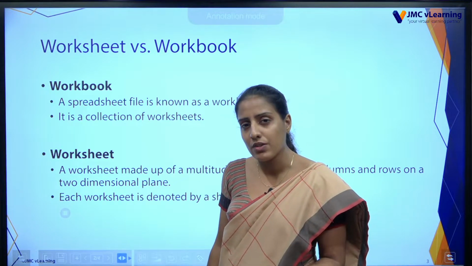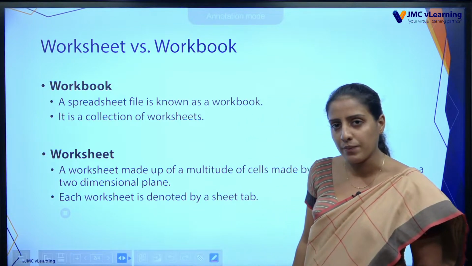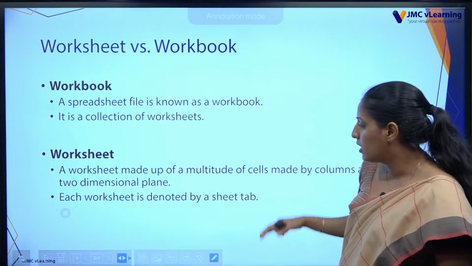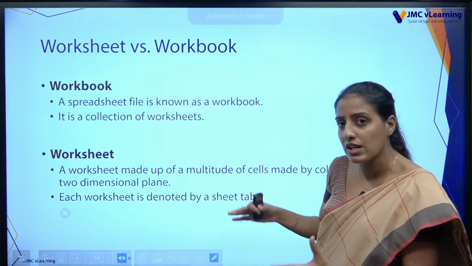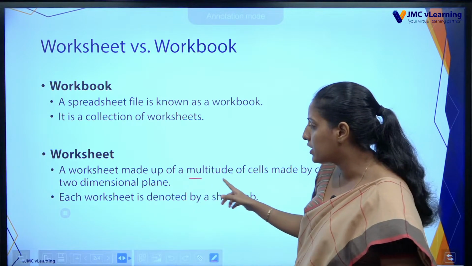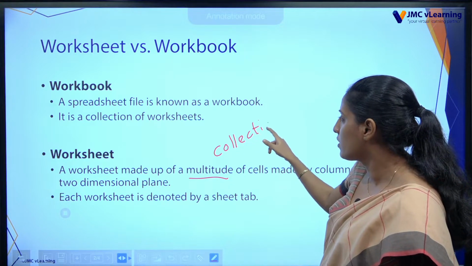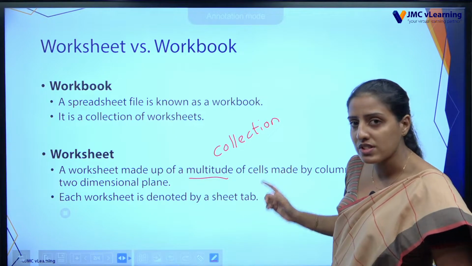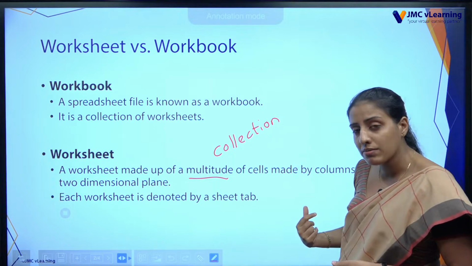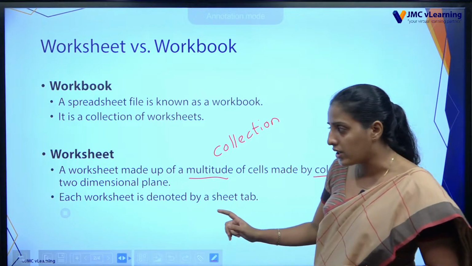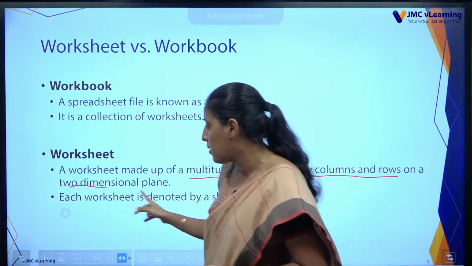So let us identify what a worksheet actually is. A worksheet is made up of a multitude of cells. Multitude of cells means a collection. A multitude of cells made by columns and rows on a two-dimensional plane.